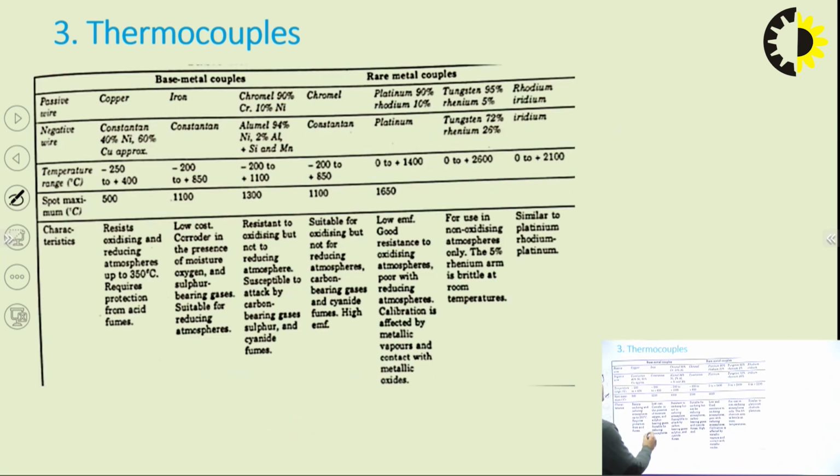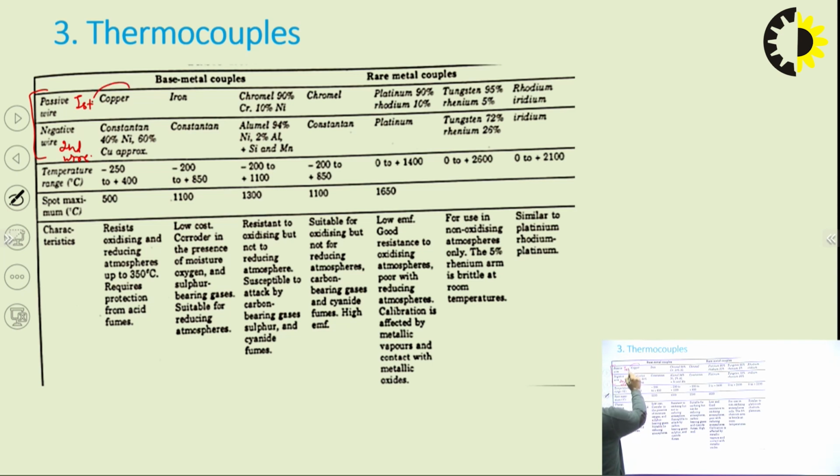Next is this complete chart of combinations of different materials. This is the first wire, this is the second wire, which form a thermocouple.